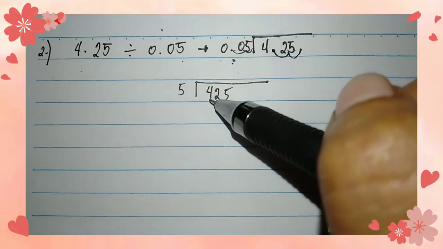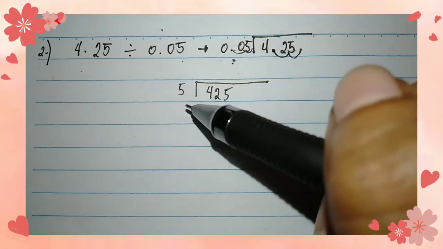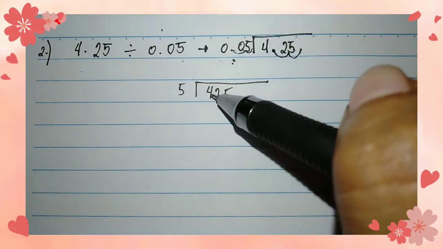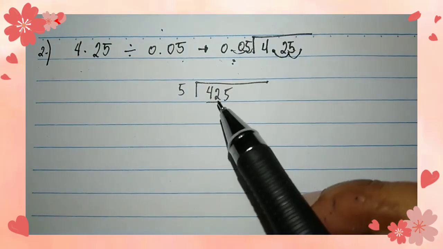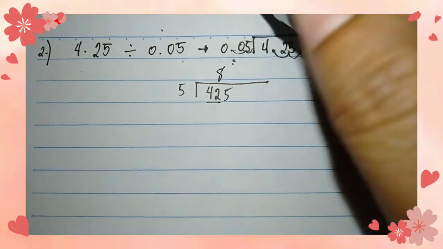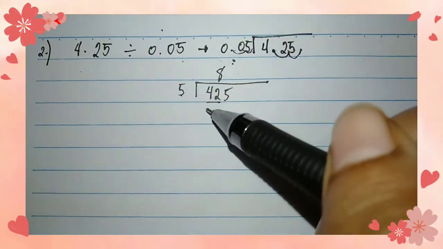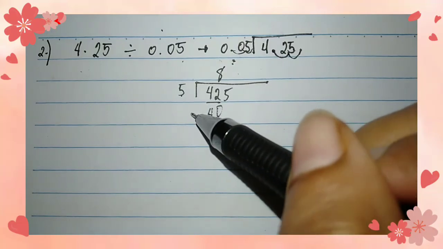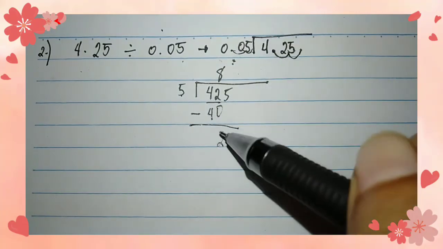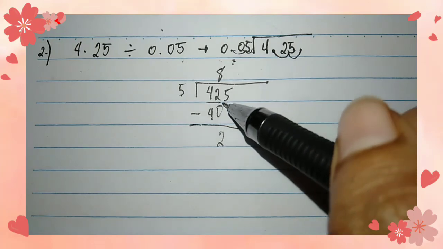So, we have 4 divided by 5. Hindi kayang i-divide ni 5 si 4 kasi mas maliit si 4. So, isama na natin si 2. We have 42 divided by 5 is equal to 8. And 8 times 5 is 40. And then, 42 minus 40 is equal to 2. Okay? So, meron pa tayong isa dito.